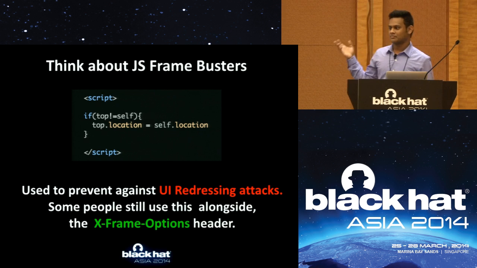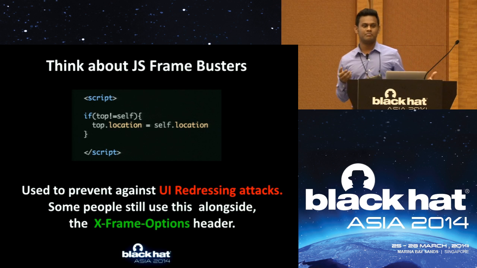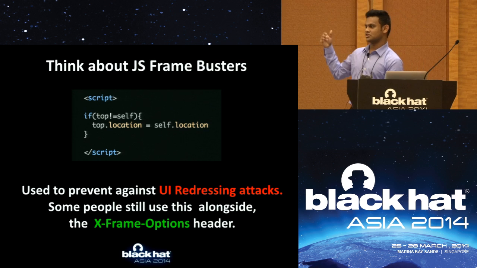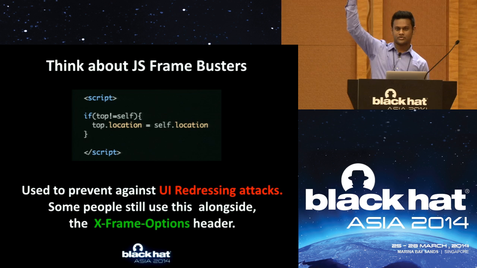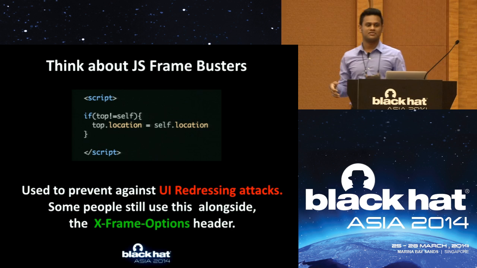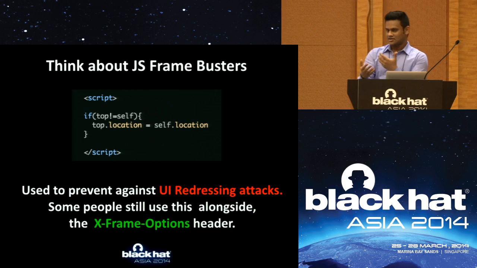If you iframe some website, say my website, then you can have code like this which would bust you out of it. The top is the parent window and the self is your current window. If both of them don't match, that means you have been put inside some other container, a child, so I need to bust out of it. So you say top.location is equal to self.location.